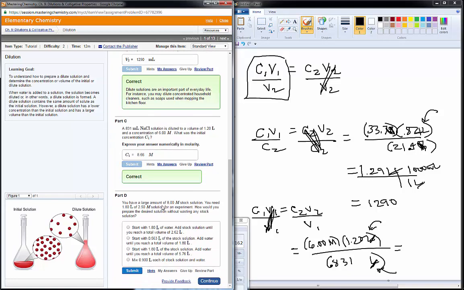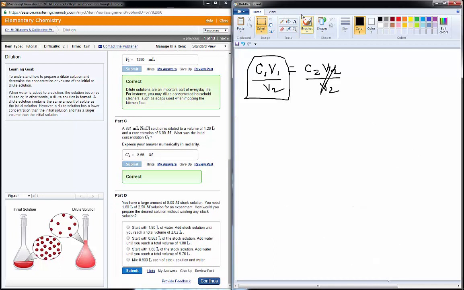Next question. I have a large amount of an 8 molar stock solution, and what I need is not, of course, that concentration, but I need this concentration. So if I've got C1 V1 equals C2 V2, I have an 8 molar solution, and I need 1.8 liters of a 2.50 molar solution.